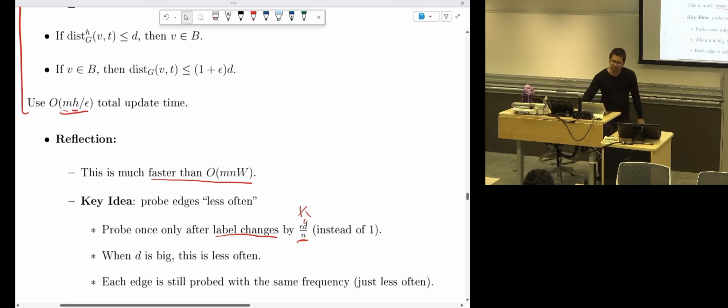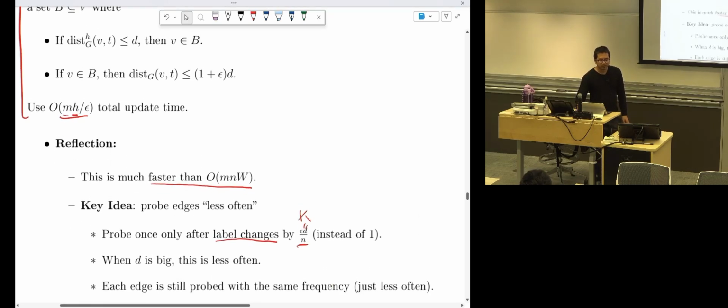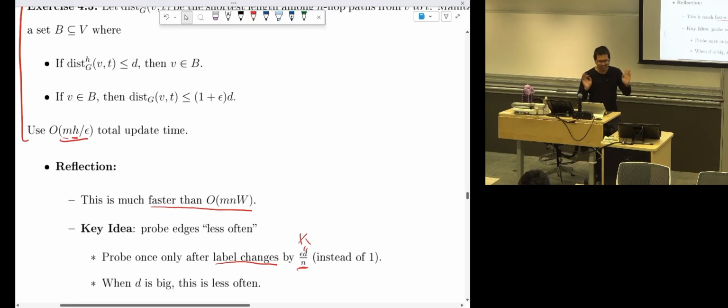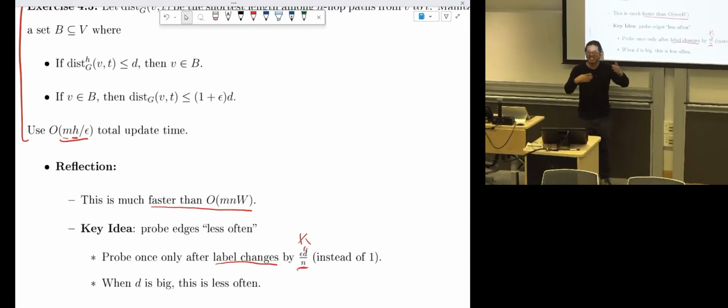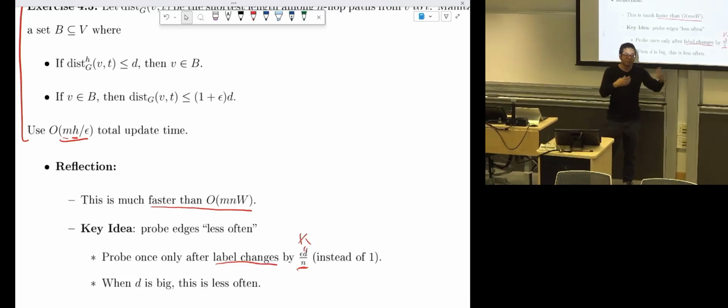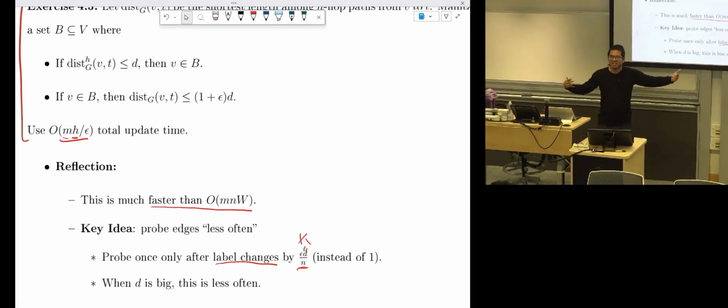So this is the key idea: just probe things less often. And how to probe things less often? Just round everything up to some multiple of a big factor. But we cannot round everything up by too much. Why is that?